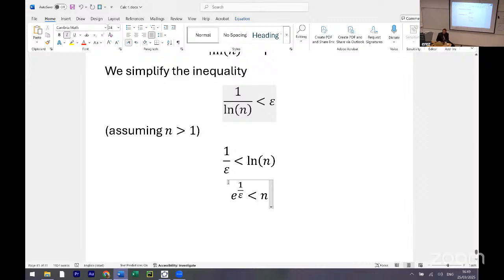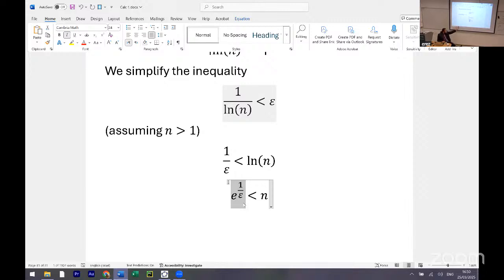The answer is yes, because this is a fixed constant number, and it doesn't matter how large it is, still n would eventually pass it. And e to the power of 1 over epsilon is completely supported by our experiments.